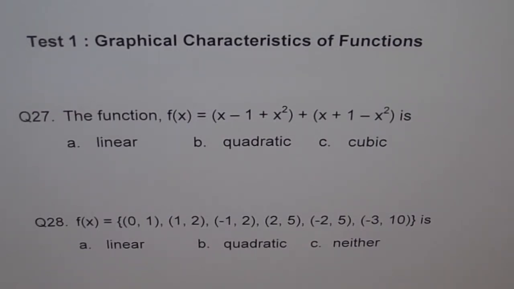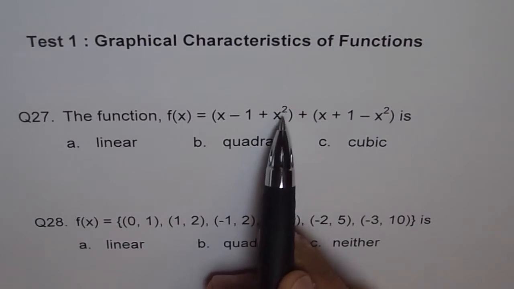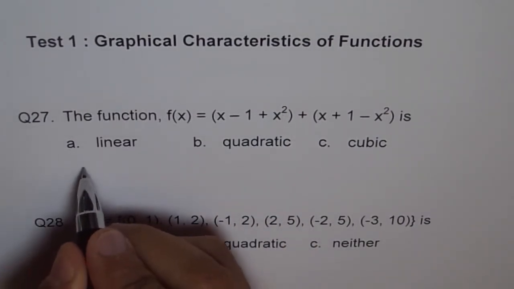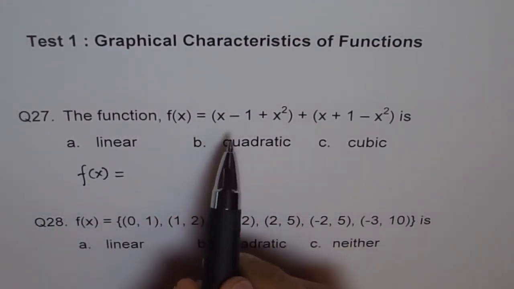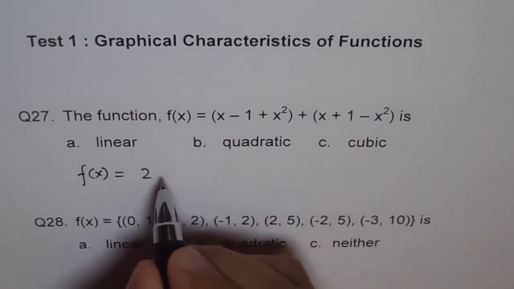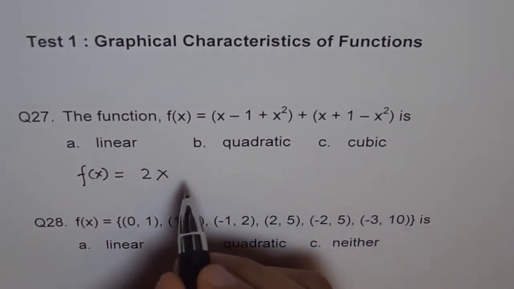Okay, here is how we are going to look into question 27. When you're given the function f of x, let's try to simplify it. When you look at it, it looks like a quadratic function, right? Because of the degree 2. But if I expand it, what do I get? x plus x is 2x, and minus 1 plus 1 is 0.